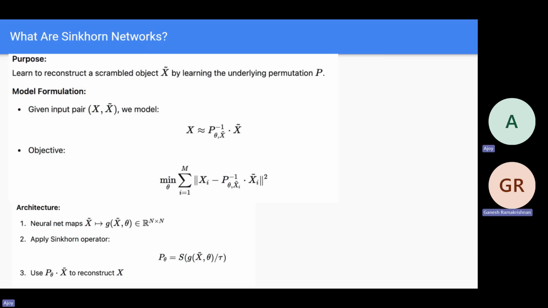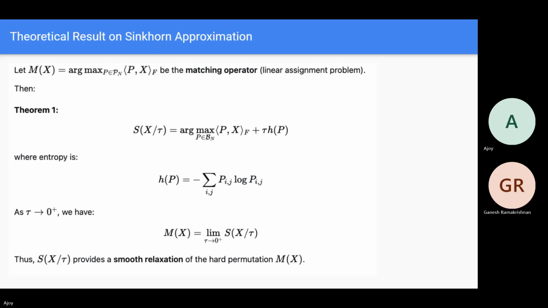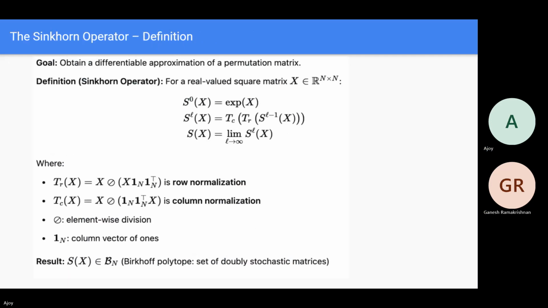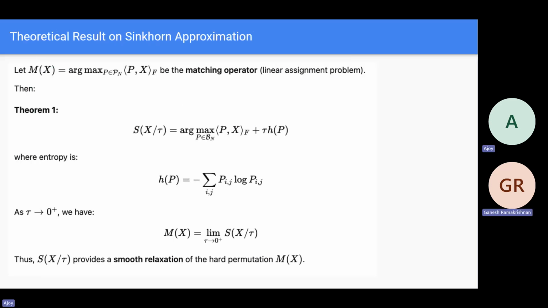Can you just go back? One slide before that, in the definition of the Sinkhorn operator. What is M? I want to see what M is. I think M is the number of columns.